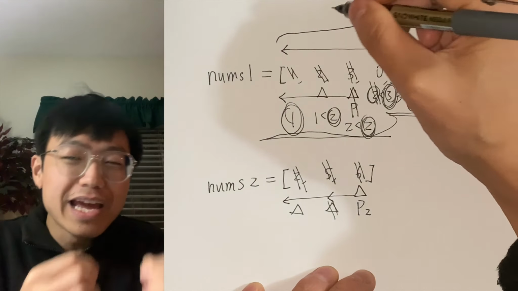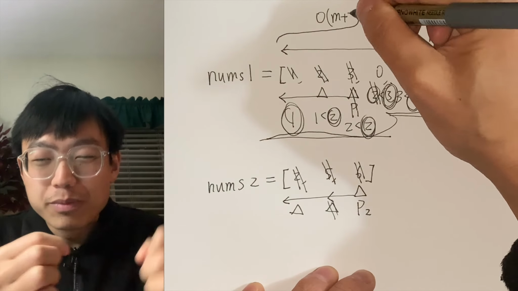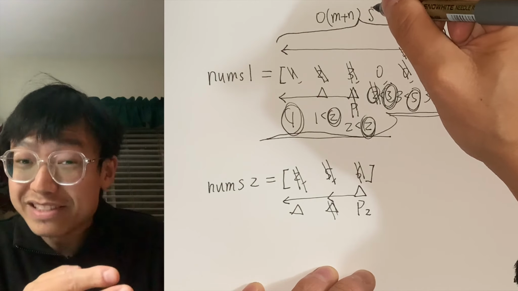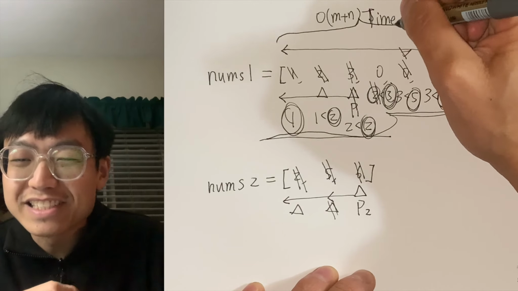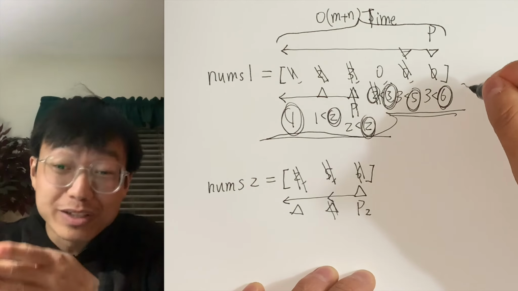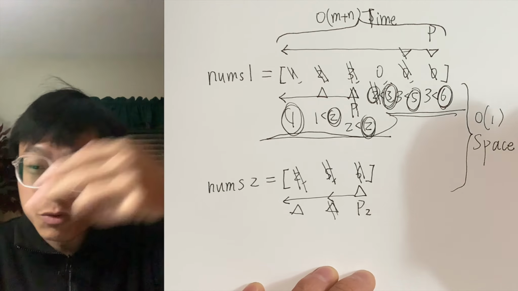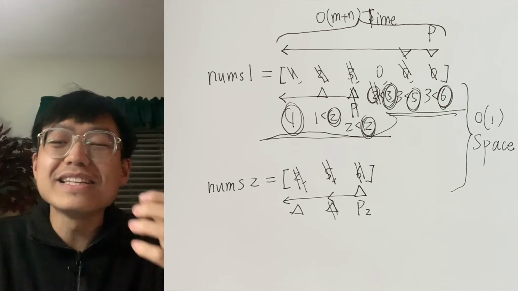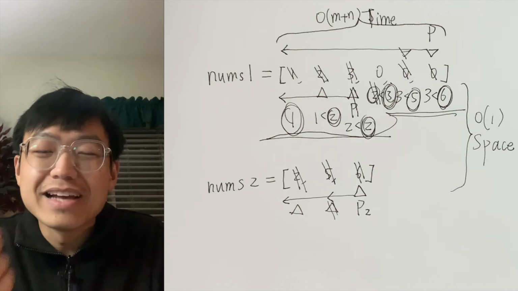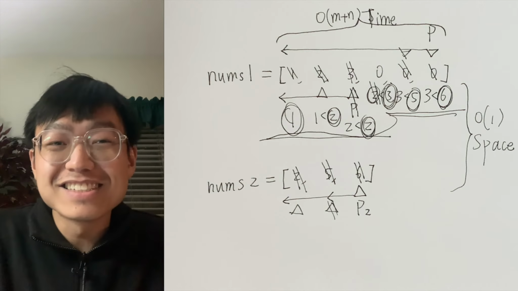So whenever you try to solve an array problem in place, always consider the possibility of iterating backwards instead of forwards through the array. It can completely change the problem and make it a lot easier.